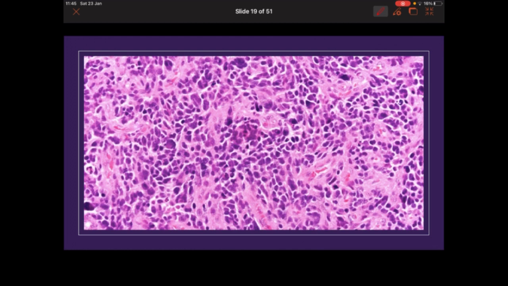These are the histomorphology features of glioblastoma. They are very pleomorphic. We can appreciate there is a presence of large bizarre giant cells, easy to see mitosis, and the cells are very pleomorphic, with coarse chromatin pattern, and some are hyperchromatic.